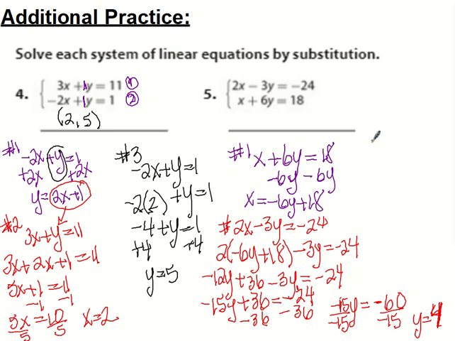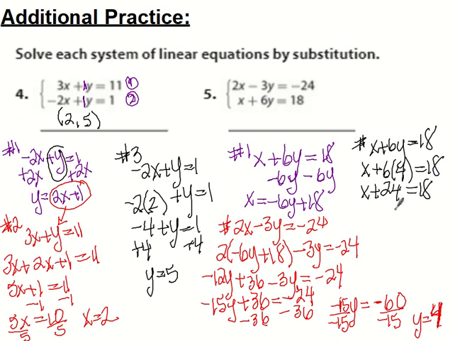All right, last step. I go back to the original equation, x plus 6y equals 18. We get x plus 6 parentheses 4 equals 18. I'm getting the 4 from right here, y equals 4. x plus 24 equals 18, minus 24.